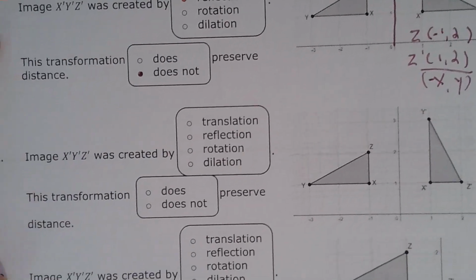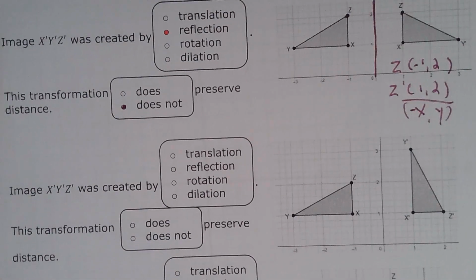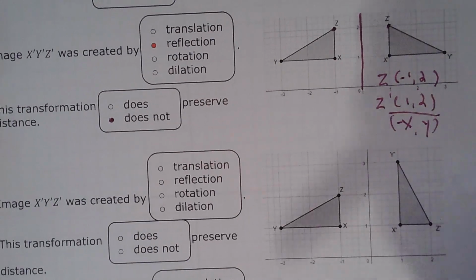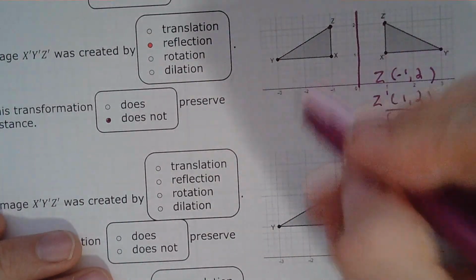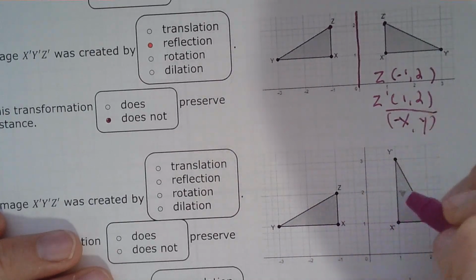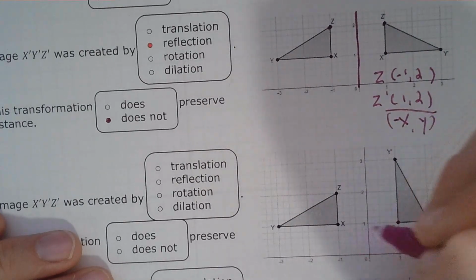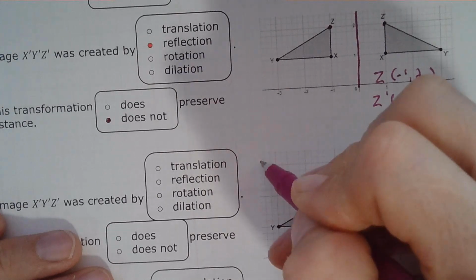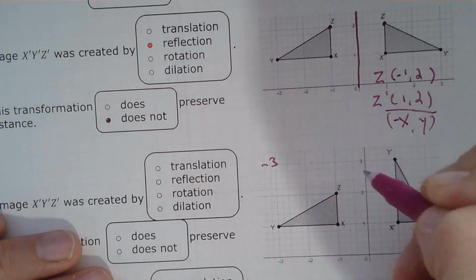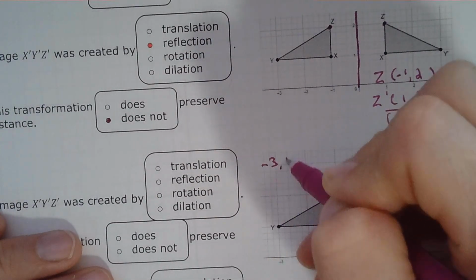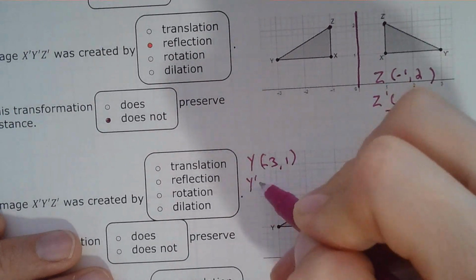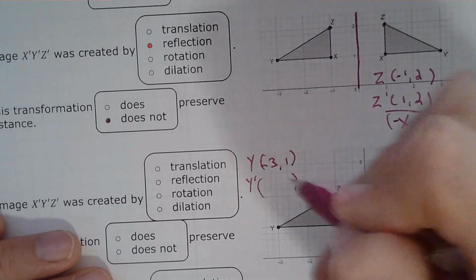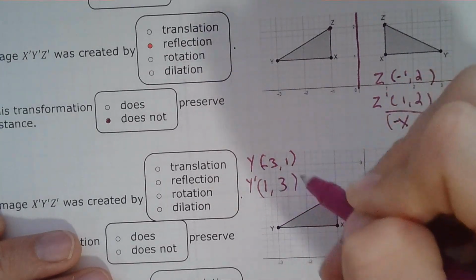That one preserved distance. All right, so here is a rotation. That's what my gut tells me, but I'll do a point comparison just to be sure. I'll choose y. My y was -3, 1. That's my y value. My y prime is 1, 3.